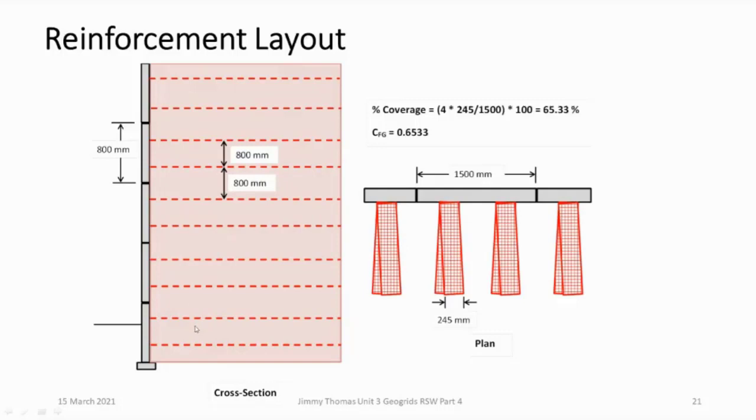If you are compacting fill in 200 mm lifts, this is very convenient. Secondly, if you are using segmental blocks, then the spacing has to be in multiples of the block thickness, and again we have to put a hook.